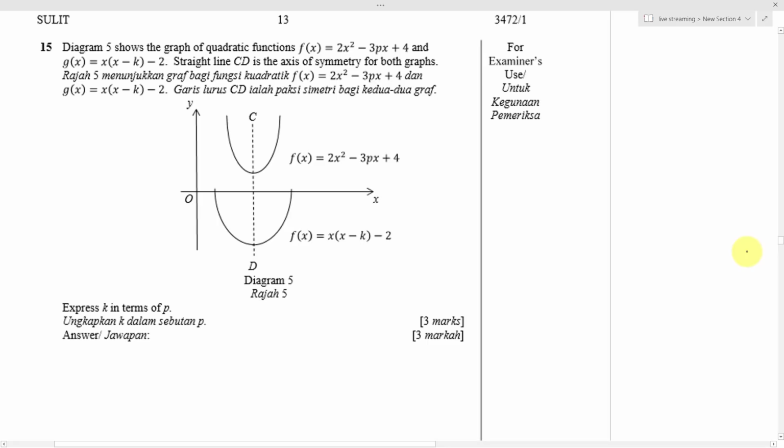Alright. Okay. So over here, axis of symmetry for both graphs, isn't it? So what information do you have for the axis of symmetry of both graphs over here? Basically, what we know is both of them must have the same x value.